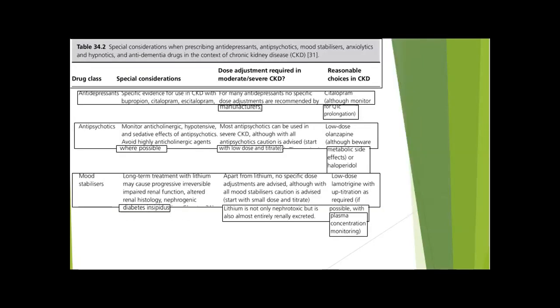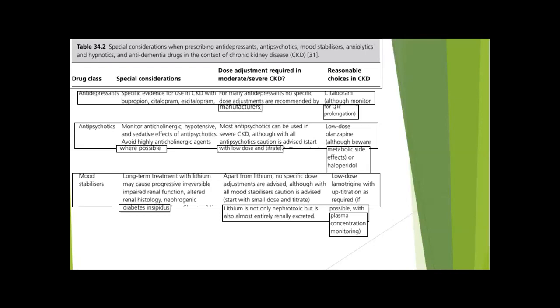These are the tables for special consideration when prescribing antidepressants, antipsychotics, and mood stabilizers. Antidepressants: specific evidence for use in CKD exists for bupropion, citalopram, and escitalopram. There is no specific dose adjustment for antidepressant drugs. With citalopram, monitor for QTc prolongation.